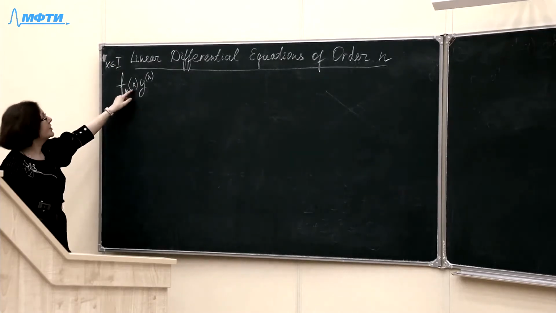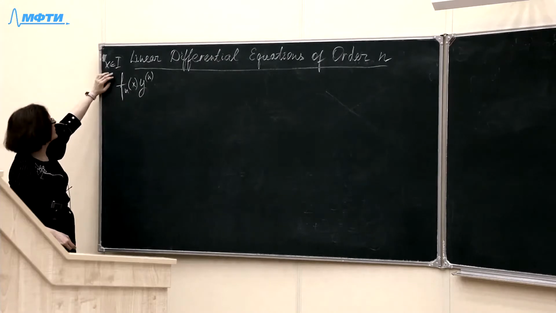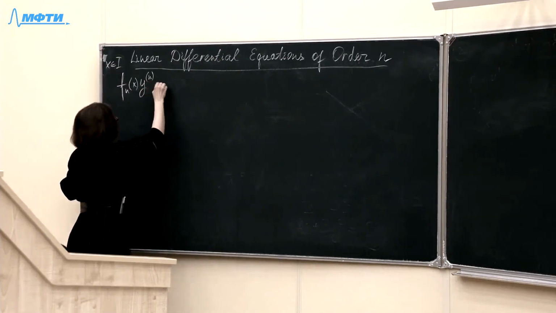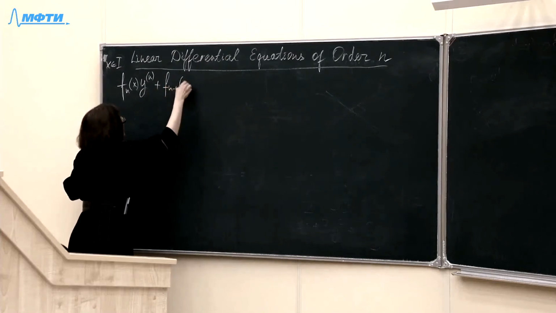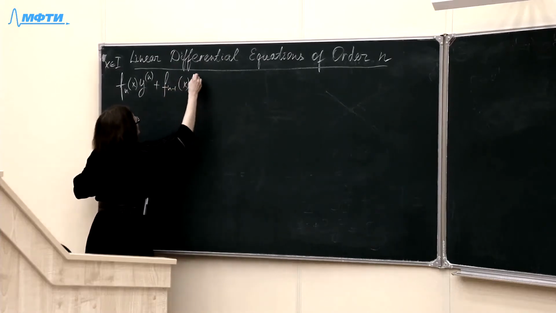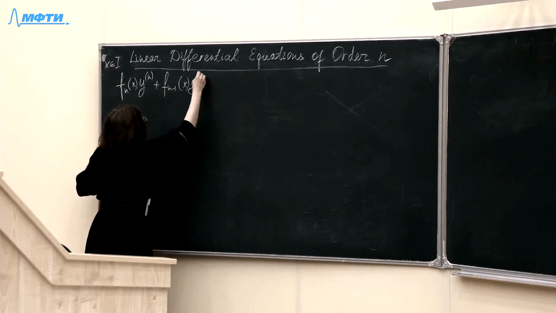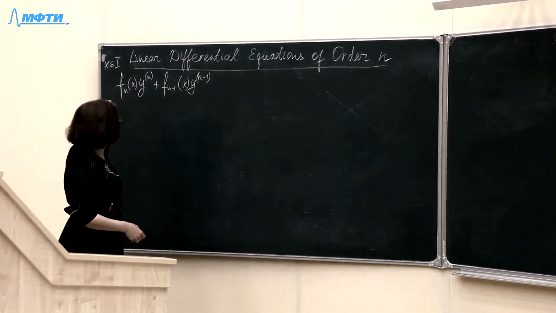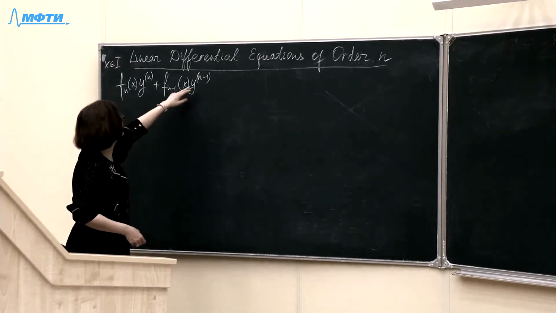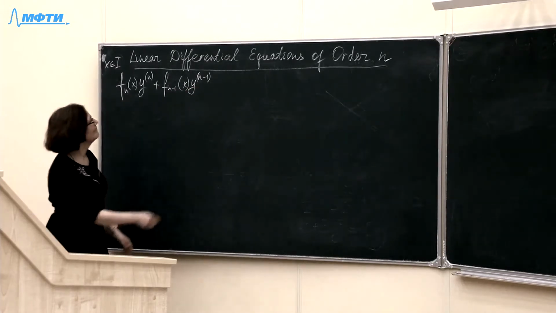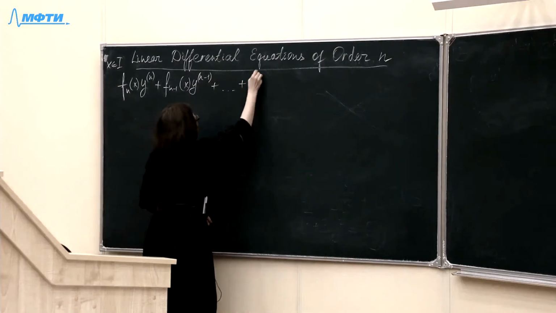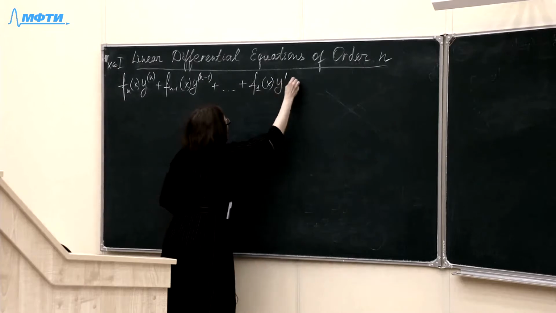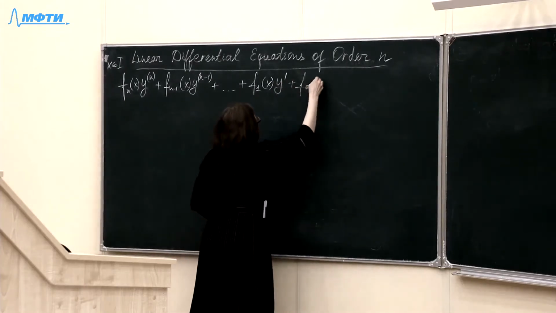Fn of x is a continuous function which doesn't vanish on this interval, times the nth derivative of y, plus fn minus 1 of x times y to the n minus 1, the derivative of order n minus 1 of y, plus and so on, plus f1 times y prime plus f0 of x times y equals 0.